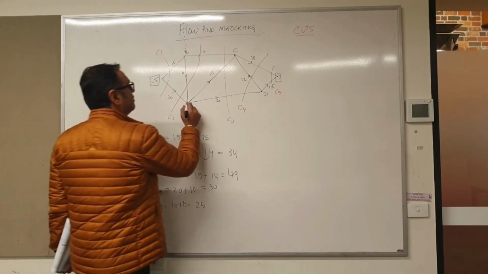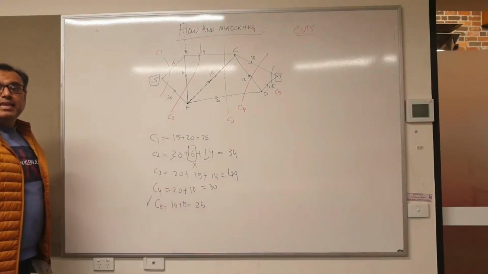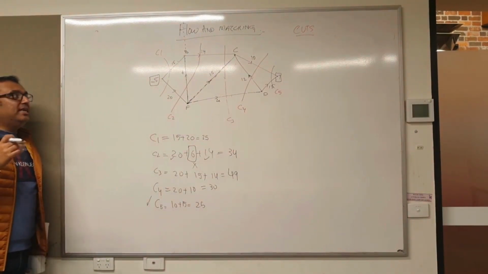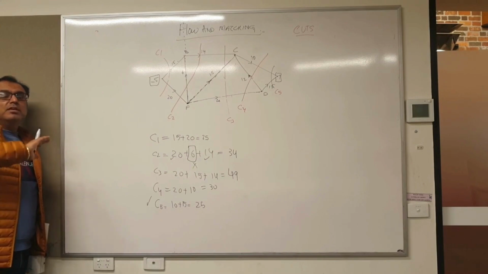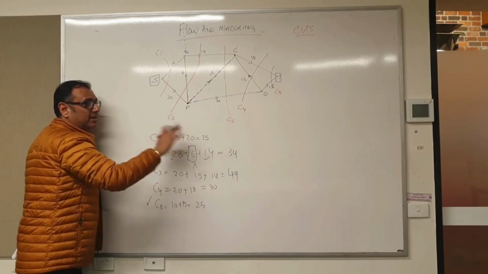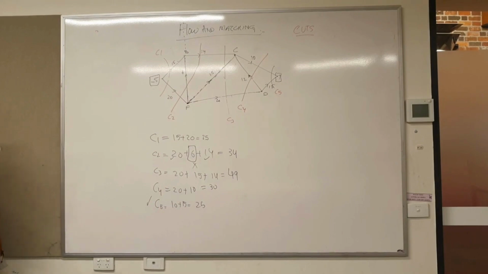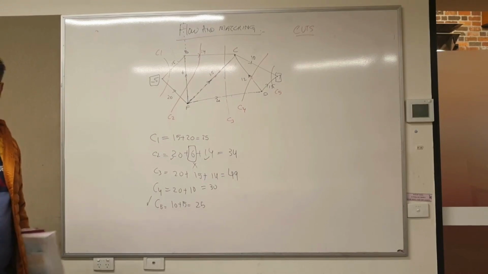What about this one? You see? For any edge, the direction of the edges should throw the traffic out of the cut. If it's not throwing it out, it's just pushing it in, then we don't consider that value of the edge. Right? Make sense?